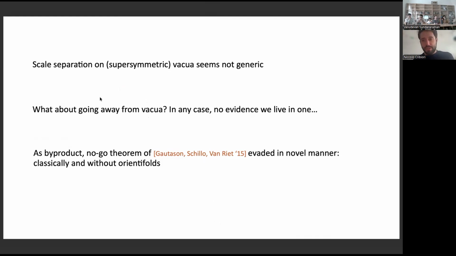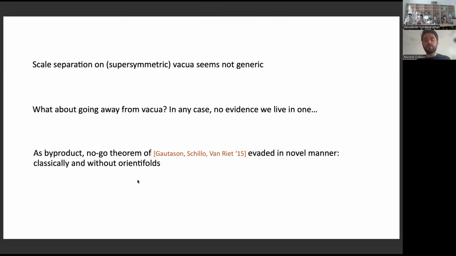So from my more down-to-earth perspective, one interesting point of studying this kind of question is that we bypass no-go theorems against scale separation in a way that was not known before.